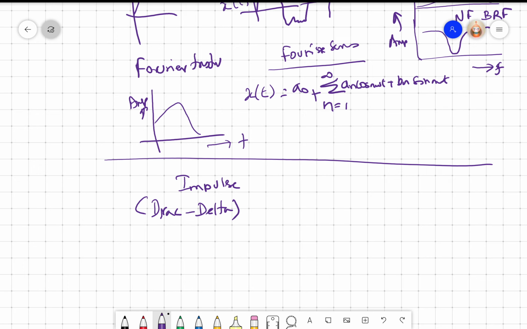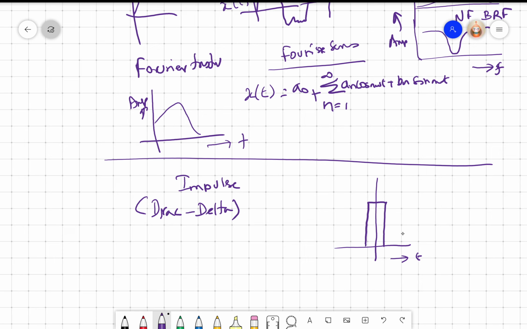Before going to impulse, let us look at what a pulse is. With respect to time, I have the input available in terms of a certain period and a certain amplitude. So this is amplitude, this is period.